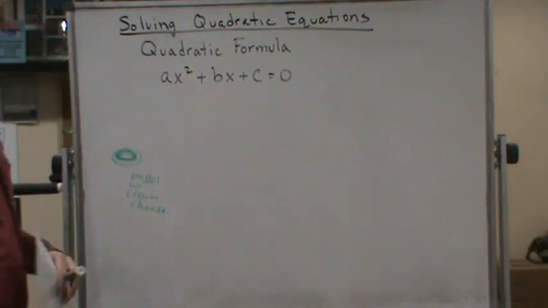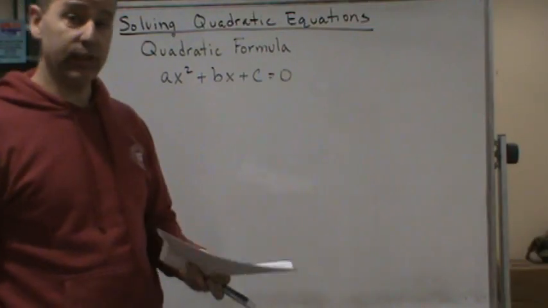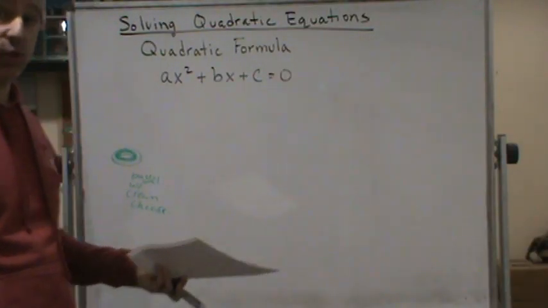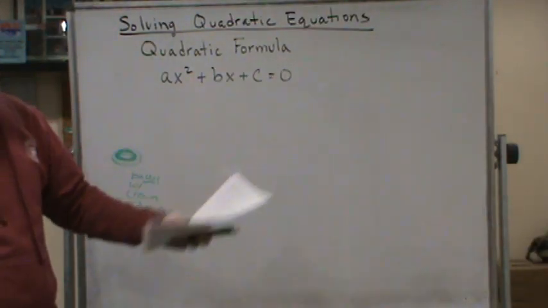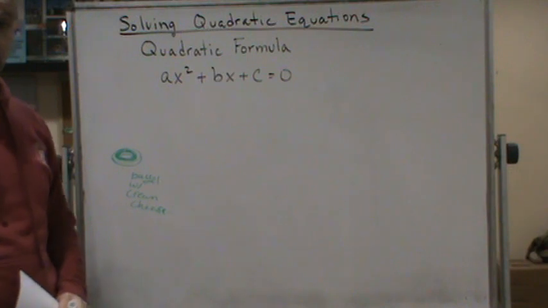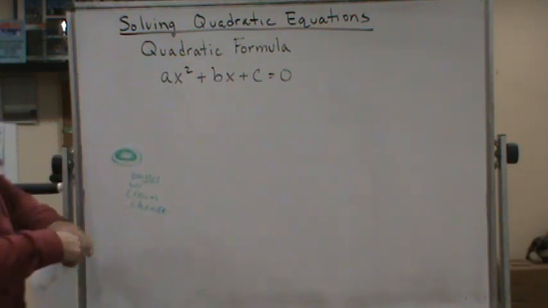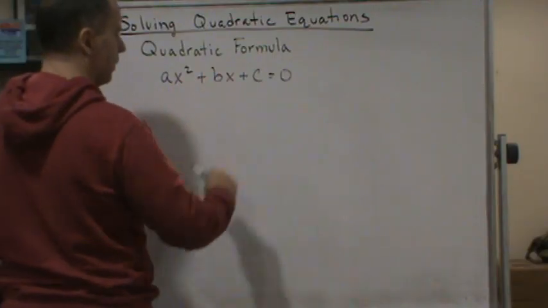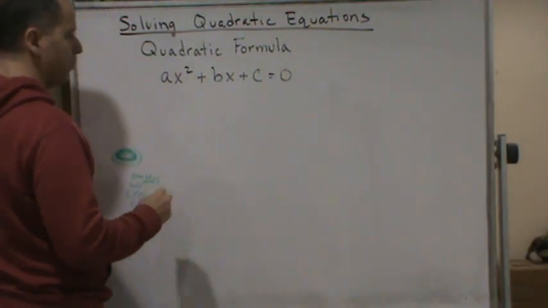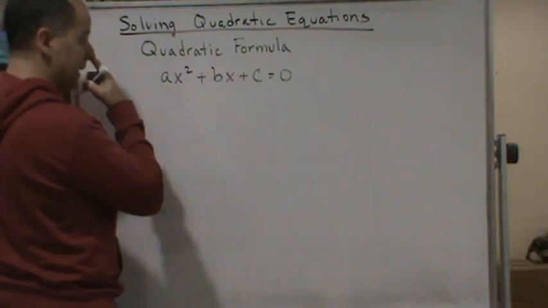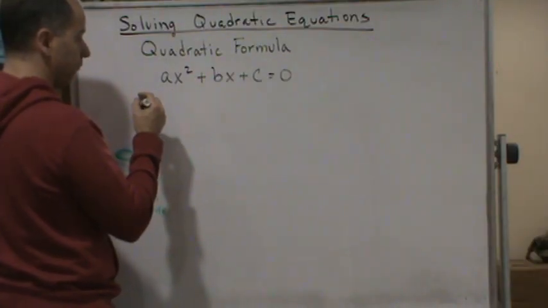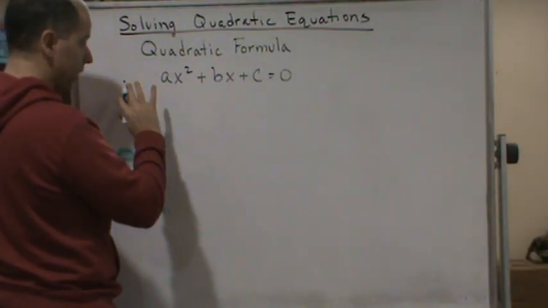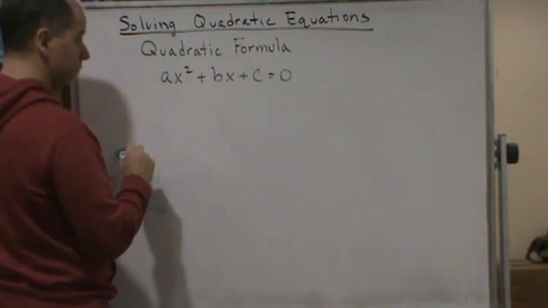Here's the thing. The quadratic formula is actually derived from completing the square on the general standard form of the quadratic equation, like we have here. So if all I do is apply completing the square on this, the first thing I would do is divide everything by a, right?